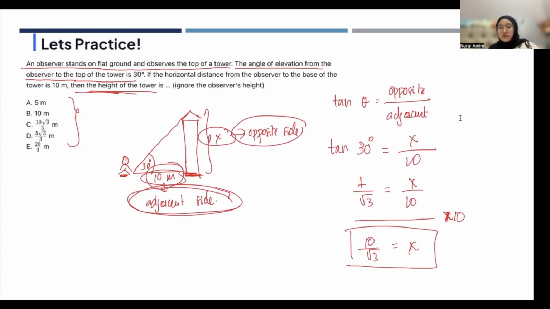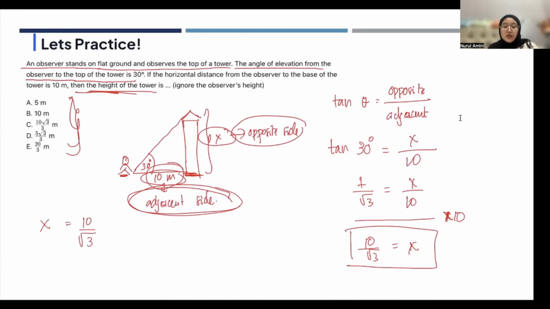So what will we do after that? We will rationalize the denominator to get the answer. How to rationalize the denominator? Anyone know? I will write here: x equals 10 over root of 3.